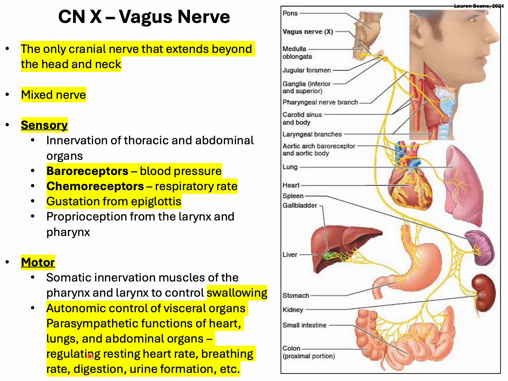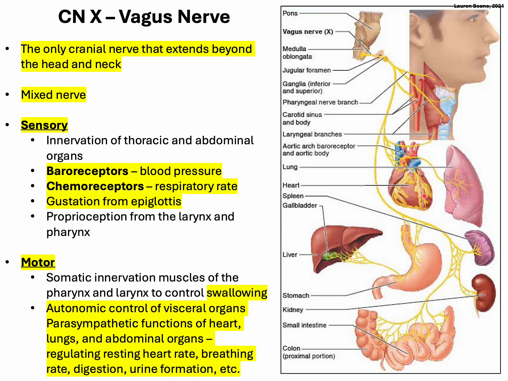Motor innervation is where it becomes a little bit more evident or prominent. There's somatic innervation to the muscles of the pharynx and larynx to control swallowing, so voluntary control there in that aspect. And then for autonomic control, the vagus nerve is an extremely important member of the parasympathetic nervous system, providing innervation to the heart, lungs, stomach, liver, spleen, kidneys, intestines, and controlling all of that automatic resting and digesting activity.